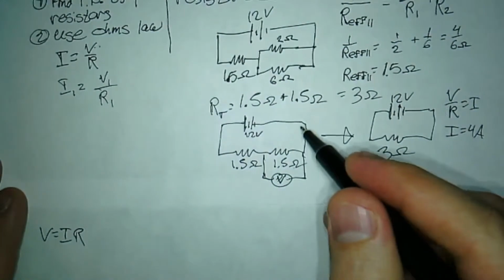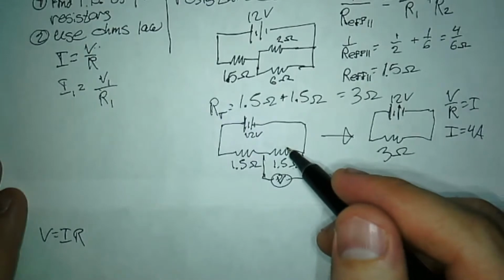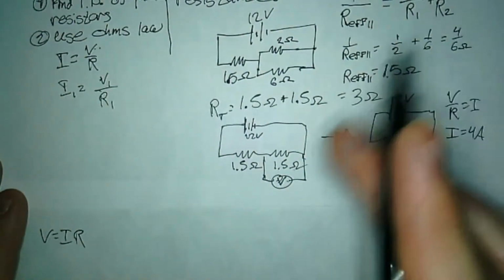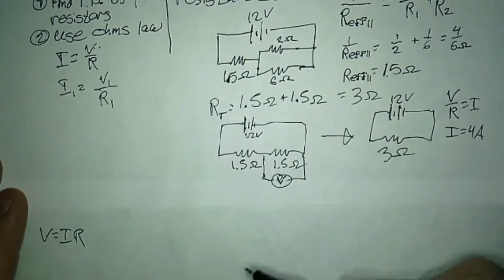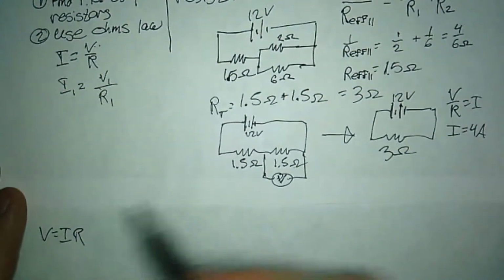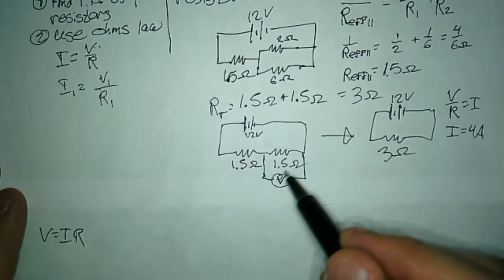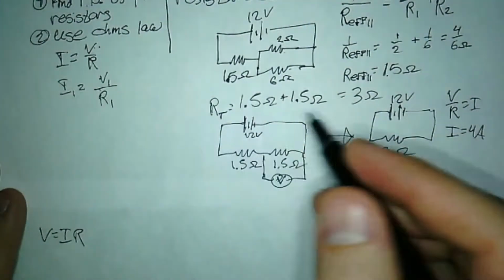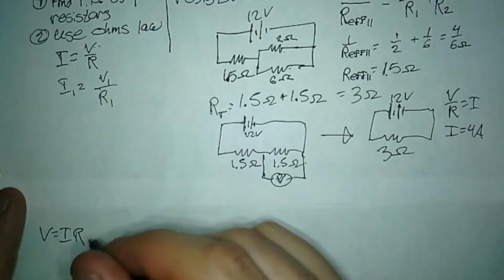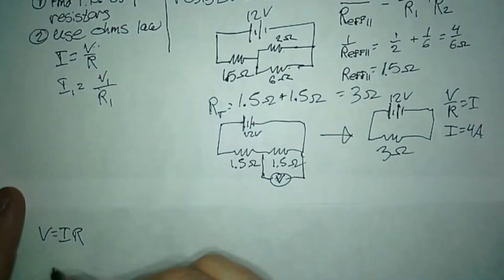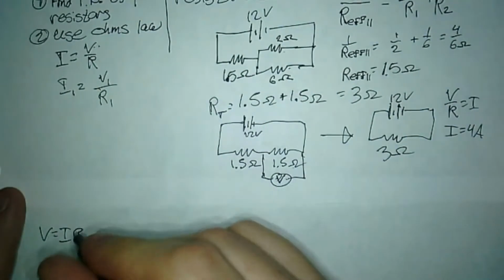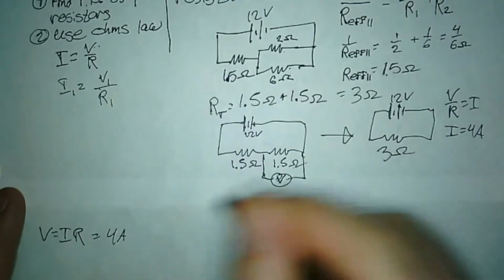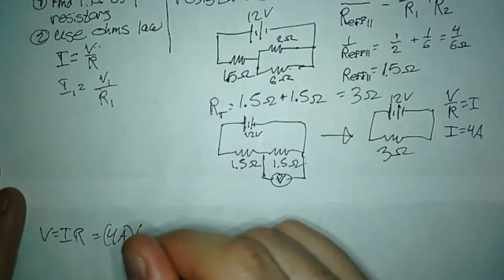And I know that the same current passes through this effective resistor, and I'm considering effective resistors, not individual ones right now, and this resistor. So that means I can find the potential difference across this resistor, which remember will be the same for this one and that one, using Ohm's law. So I can say V equals IR, and then my current is 4 amps, and my resistance is 1.5 ohms.